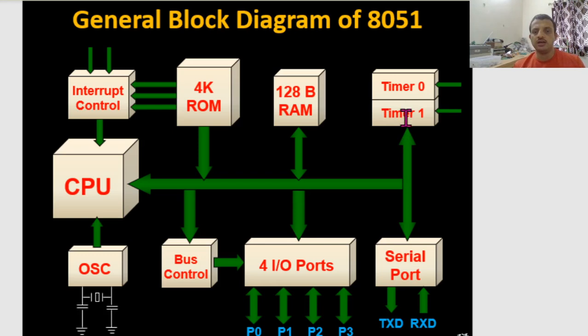Then you have the timers and serial communication. These are the four ports that we saw in the pin description, P0 to P3, all the ports which come out of the chip. Then the crystal pin connection is also shown. So this is the basic architecture, or block diagram, of the 8051 microcontroller.